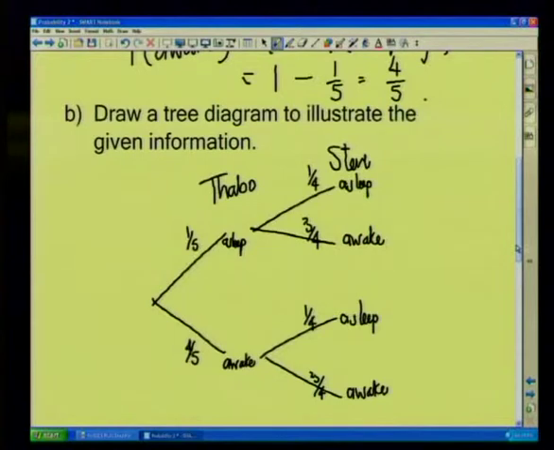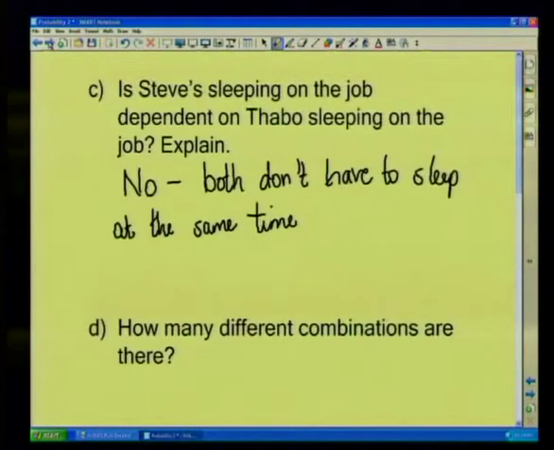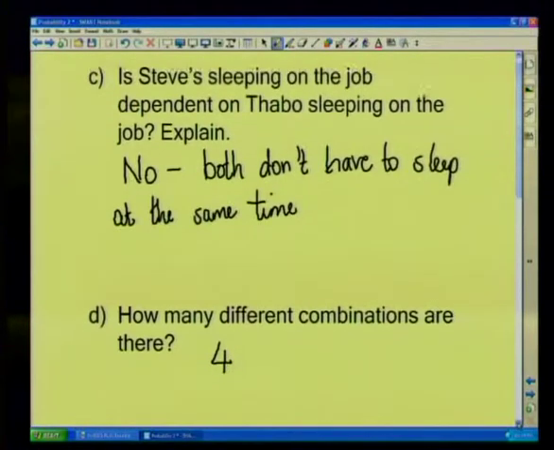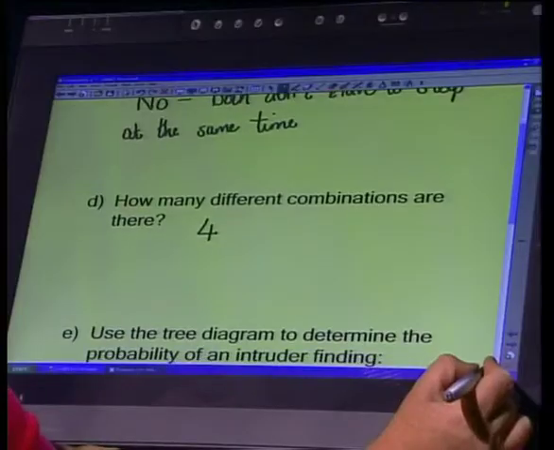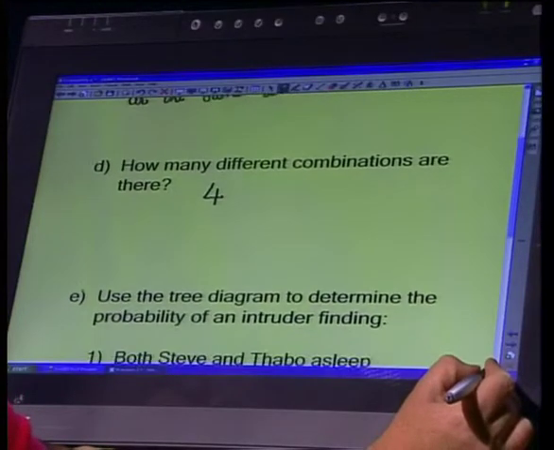So there are 1, 2, 3, 4 different possible combinations. And sometimes in the exam question they will ask you to write those out, and in this case you could say Steve asleep, Tabo awake, and you could do all the 4 different combinations. I'm not going to do that because it just takes up time.